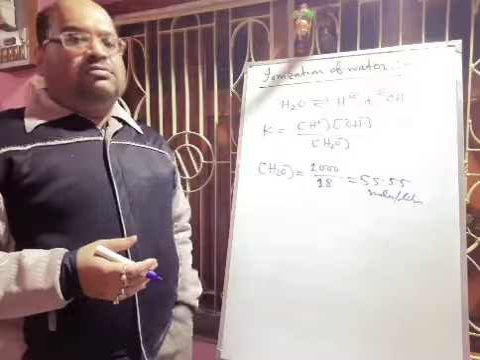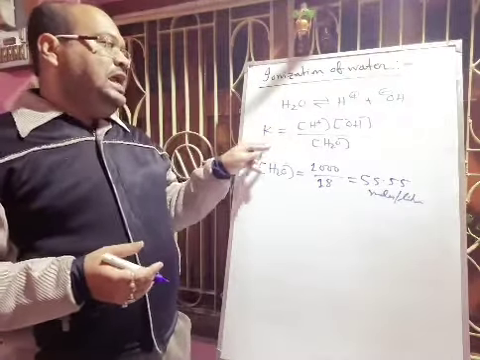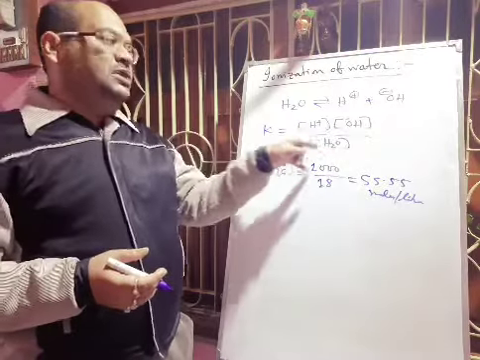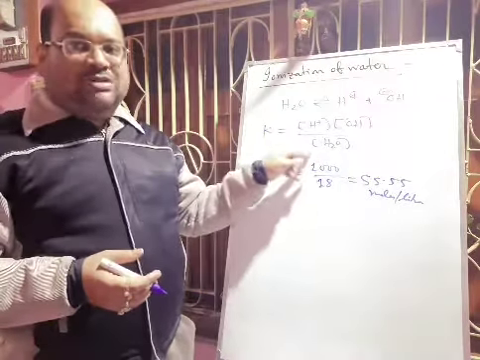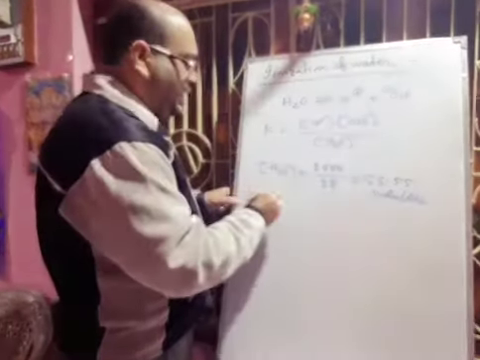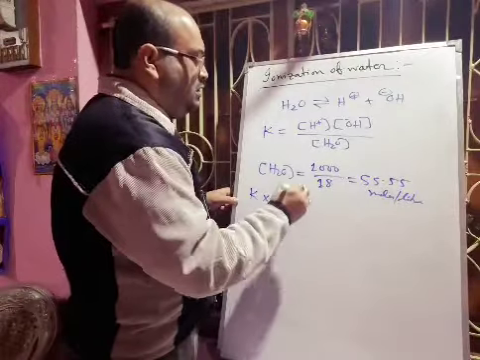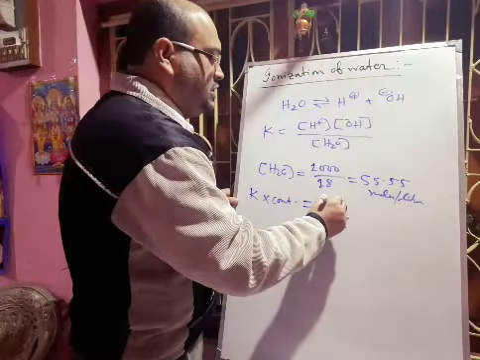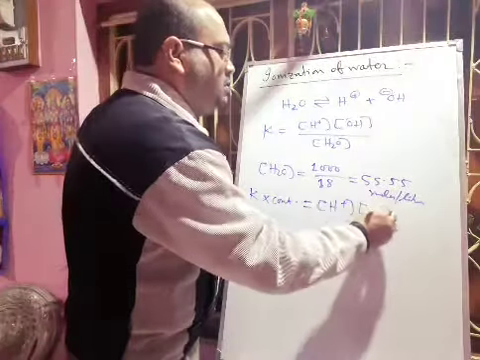Now here we have already written that K is equal to the concentration of H plus and OH minus over water, and if we consider this as constant, we can write K into the constant, that is the concentration of water, is equal to the concentration of H plus into the concentration of OH minus.